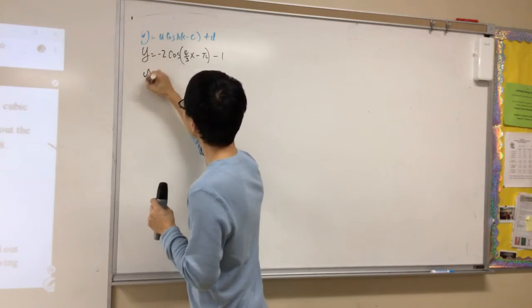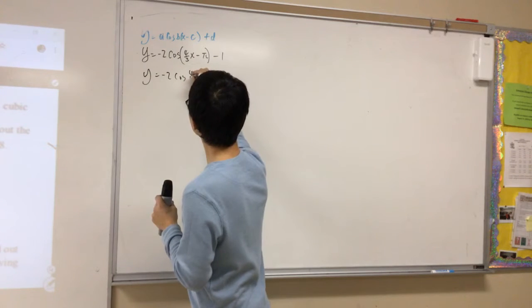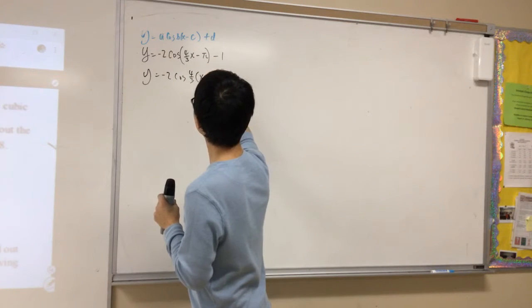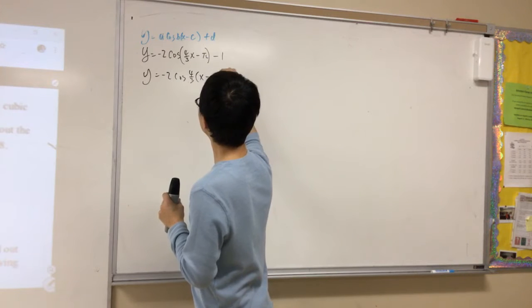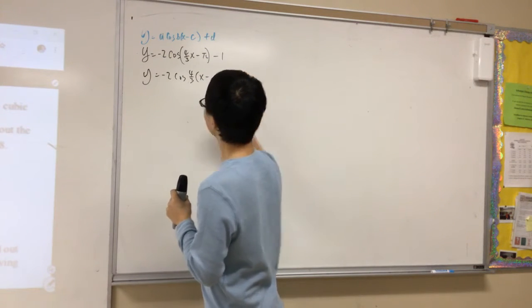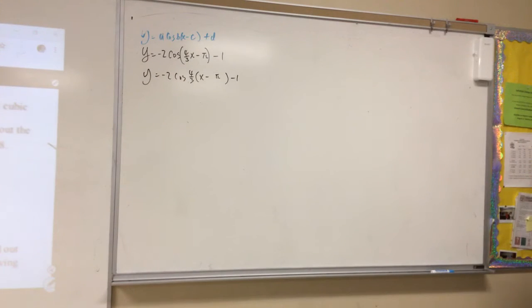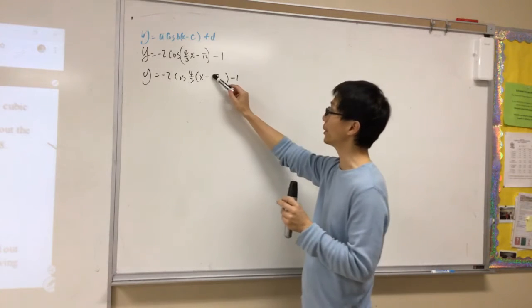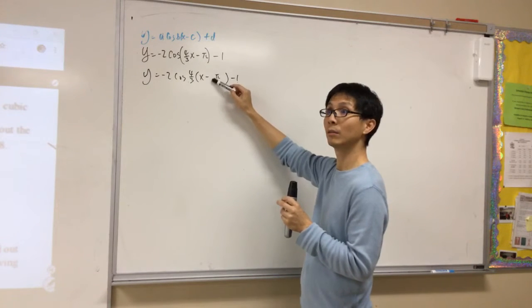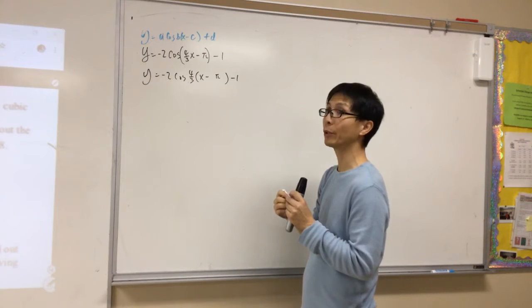So y is equal to negative 2 cosine of 4 over 3, parentheses x, then pi. Which number has to be in here? Not 4 over 3, but 3 over 4.